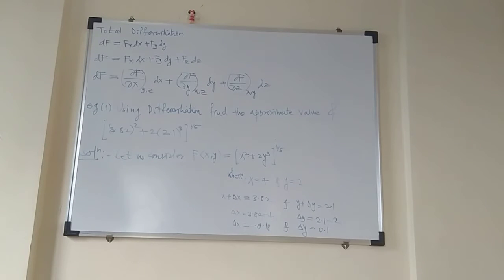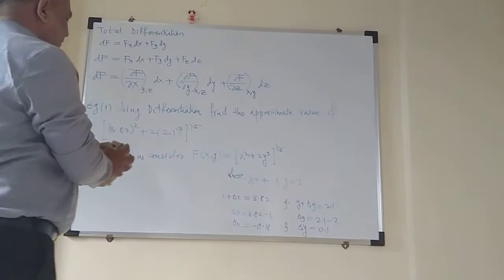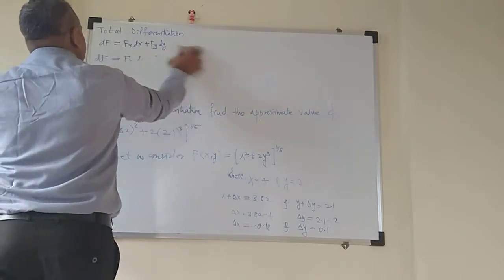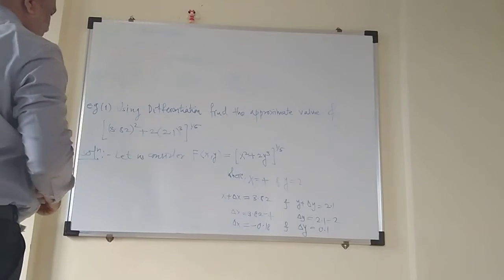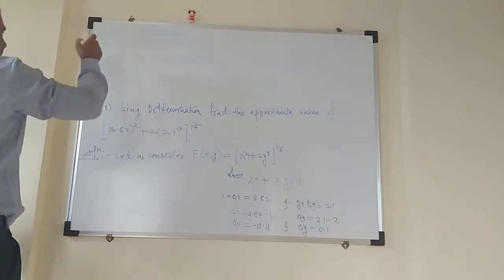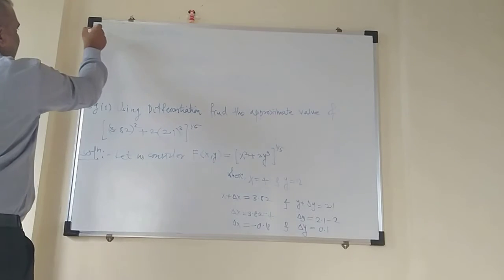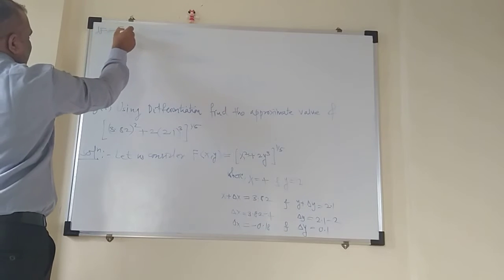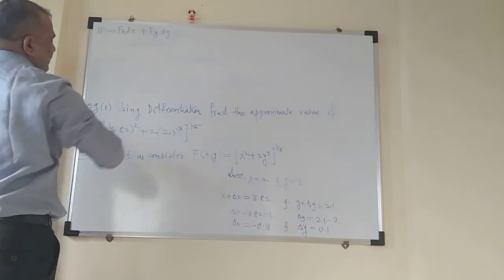Now calculate the total differentiation value df. Let me write here only. So what is your function? Our function is this f, and df is equal to fx dx plus fy dy.